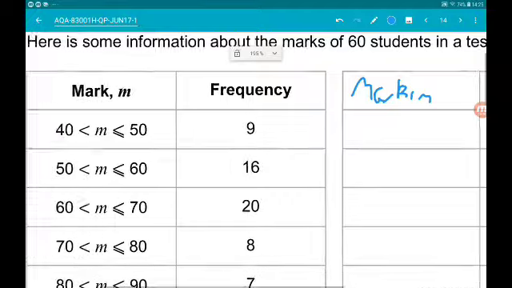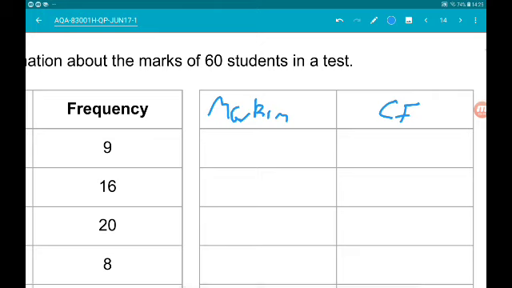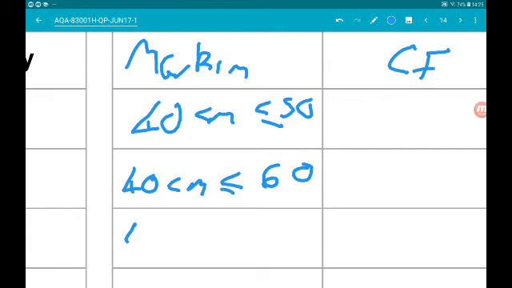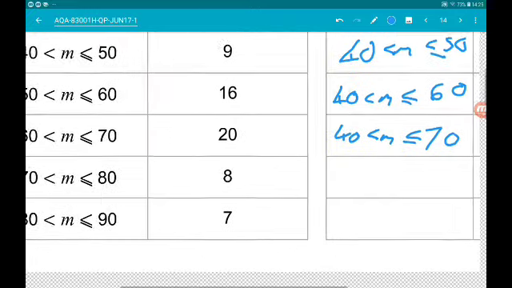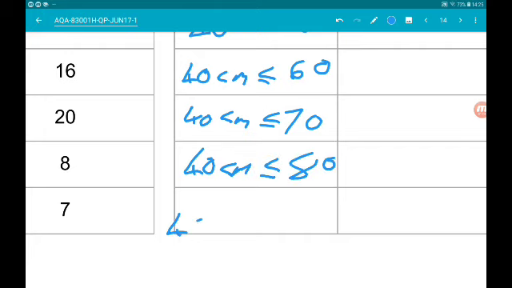So, in the left-hand column, the top one is the same, so 40 to 50. Now the next one is 40 to 60. 40 to 70. 40 to 80. And then 40 to 90.